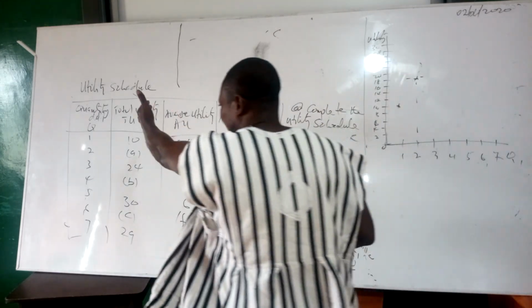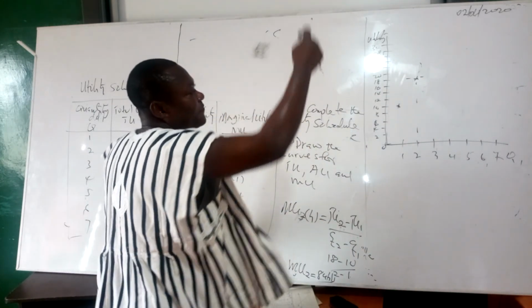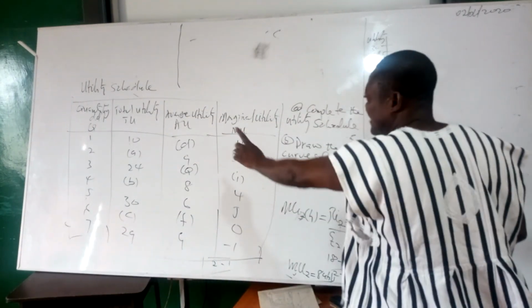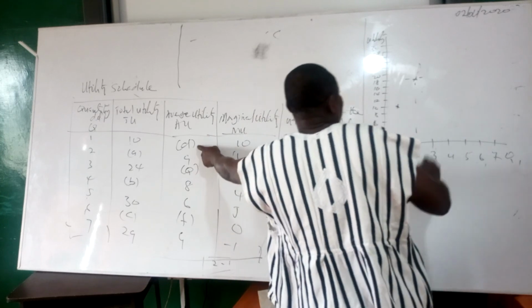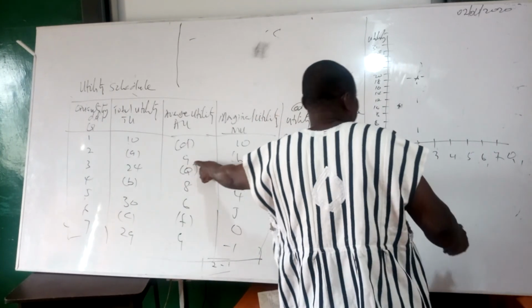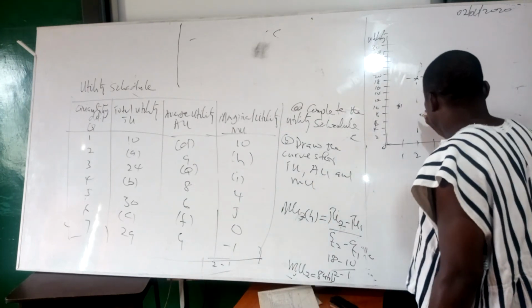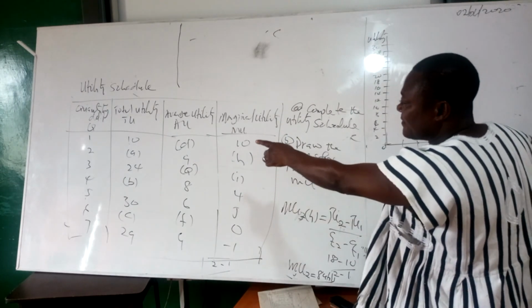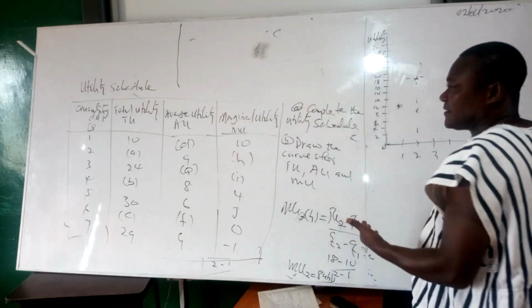When you finish calculating it, you also finish drawing. Then you come to average utility. It's 10 here when 1 was consumed, and 9 when the second quantity was consumed. Then you continue with it.